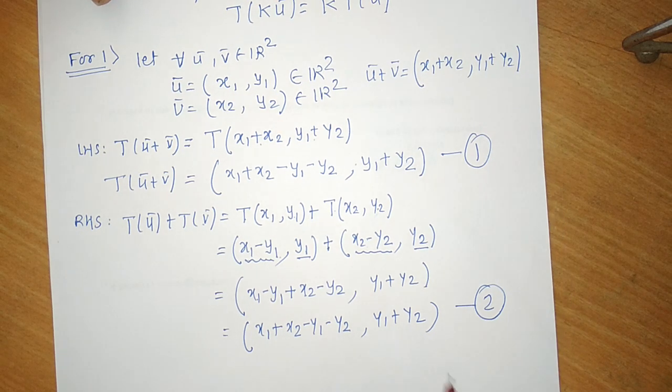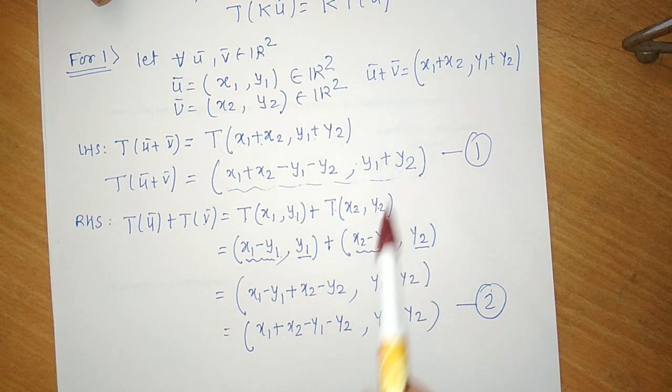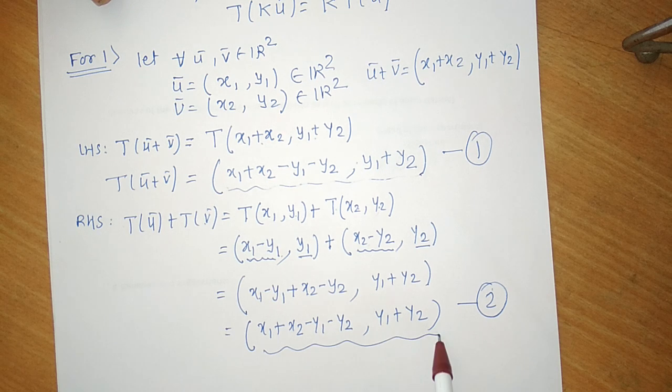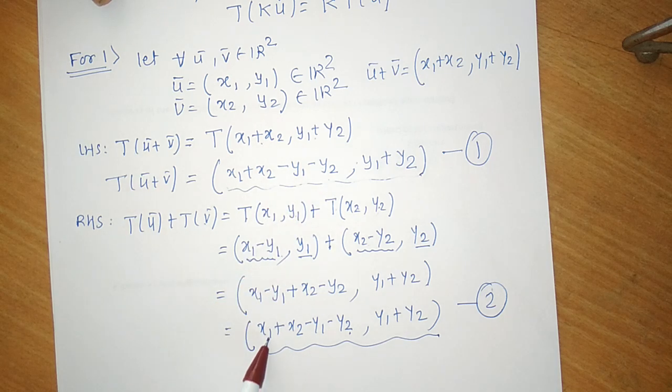If you observe 1 and 2, on the right side this vector has 2 components and this vector also has 2 components. Both vectors have first component x1 plus x2 minus y1 minus y2. The second component is also the same. Therefore, these two vectors are the same.